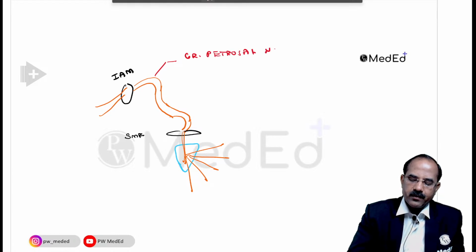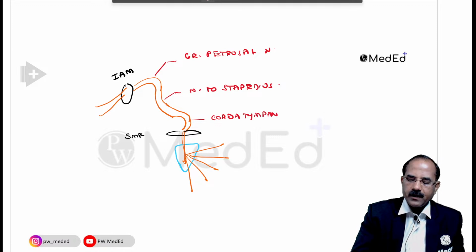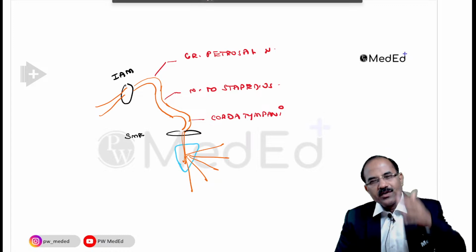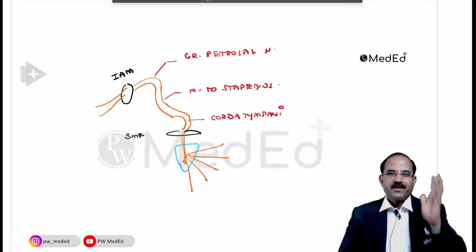Second one is the nerve to stapedius. Third one is chorda tympani. So these are the three branches of facial nerve in the ear.